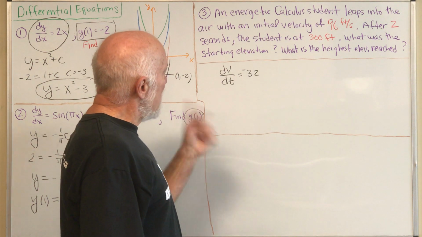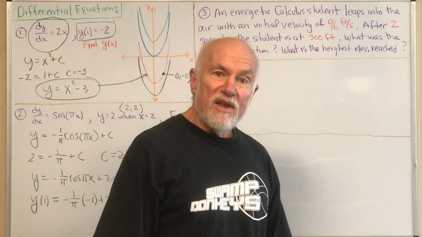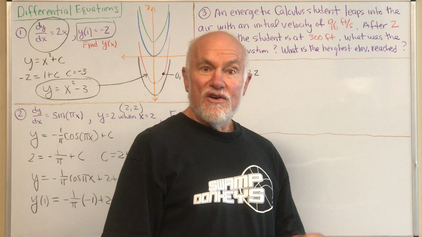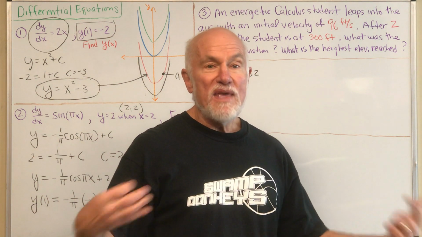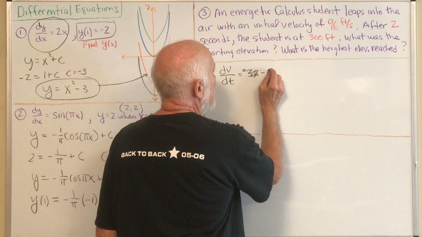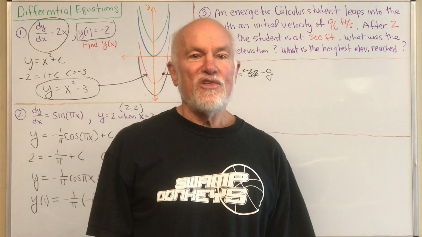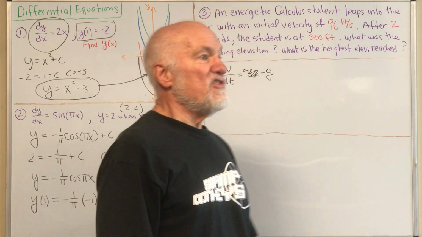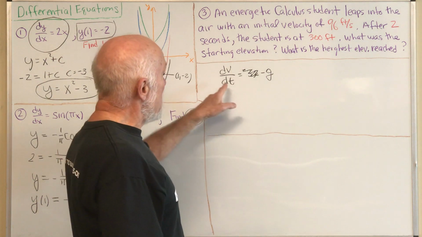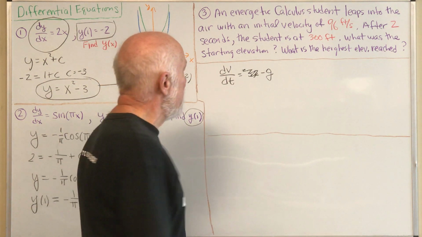And she even went one step further and said, maybe this invisible force you're talking about might be different on a different planet or asteroid or whatever you happen to be on. So she said, let's just make it negative g. We'll call it a gravitational constant. She said, now what we have, you want a velocity equation, we've got the rate of change of velocities. So what we're going to do is take the antiderivative.